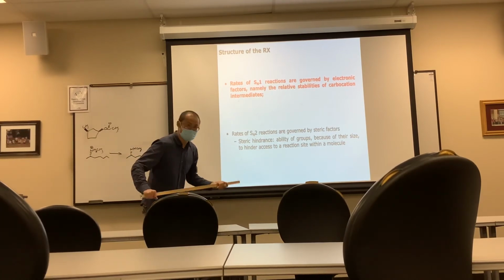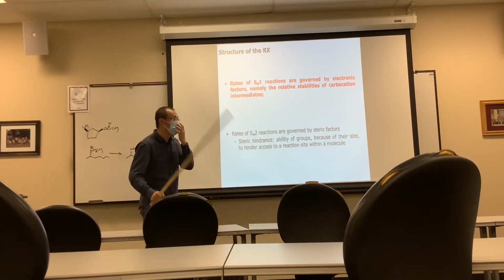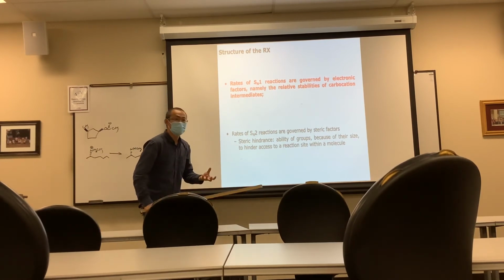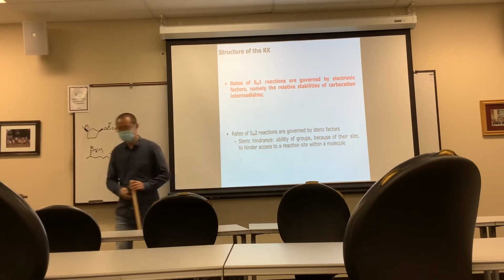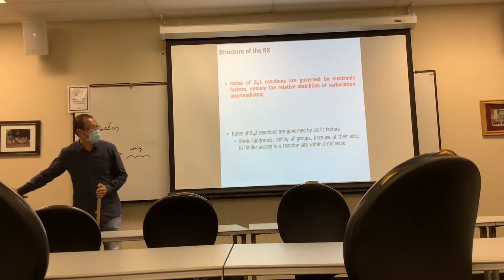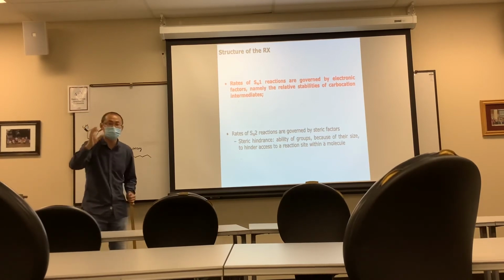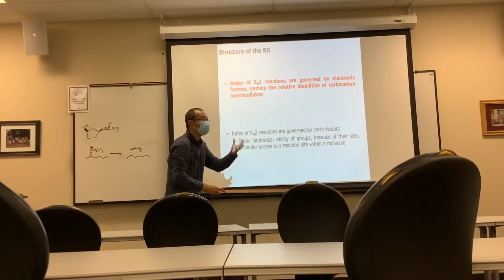So the effect of RX on SN1 is mainly focusing on how the structure of RX determines the stability of the carbocation. Does it make sense, guys? SN1 involves a carbocation, so the effect of RX on SN1 is mainly how this guy can generate a more stable carbocation.